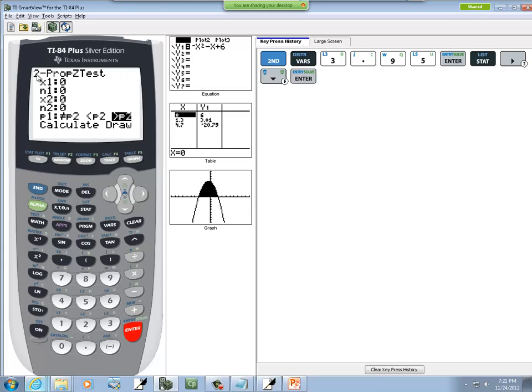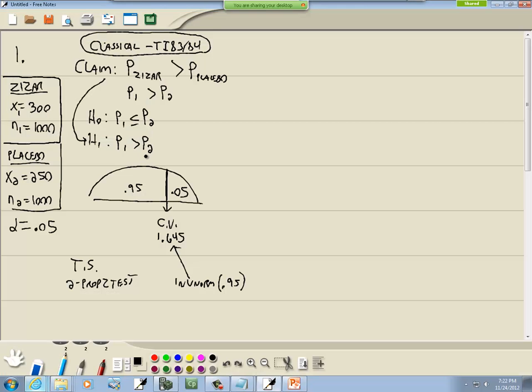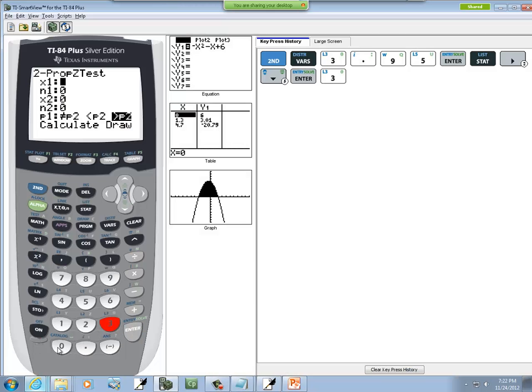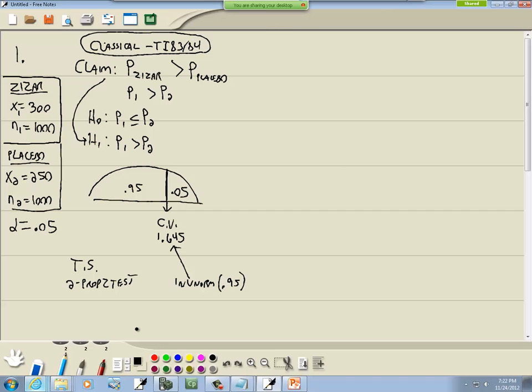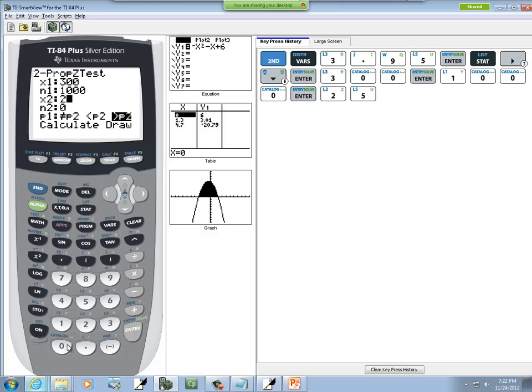That stands for two proportion, 2 sample, and the prop is proportion, and so forth. N1, there it is, 1,000, or X1, 300, 1,000, and 250 and 1,000. So that's what they give us.